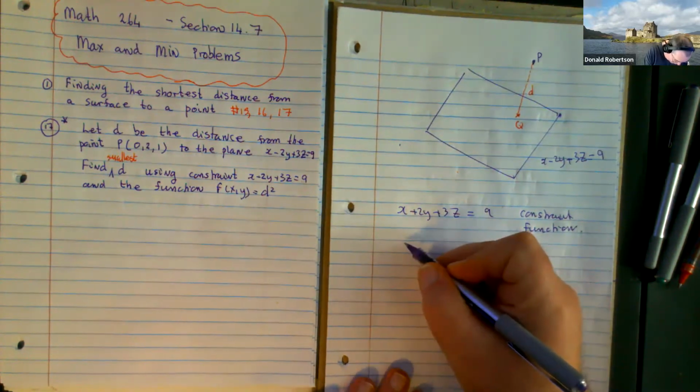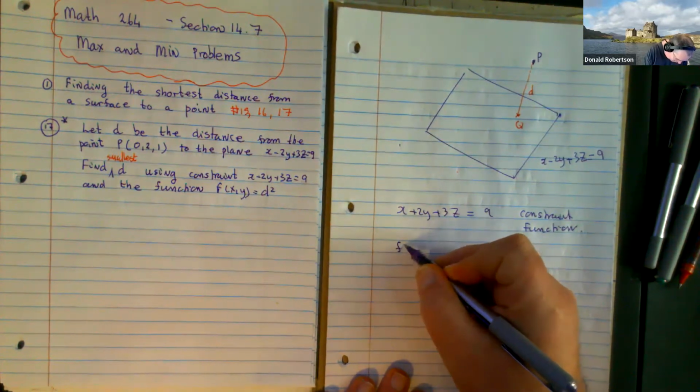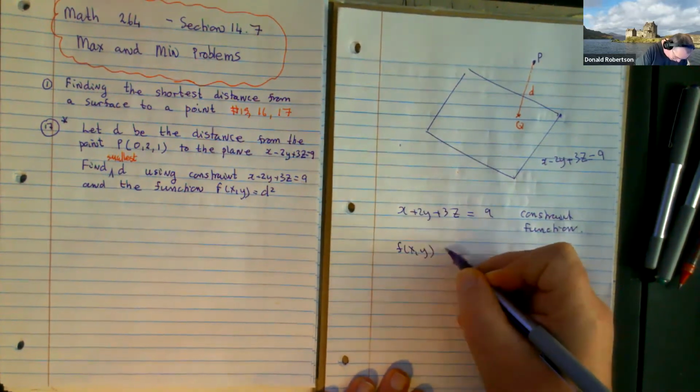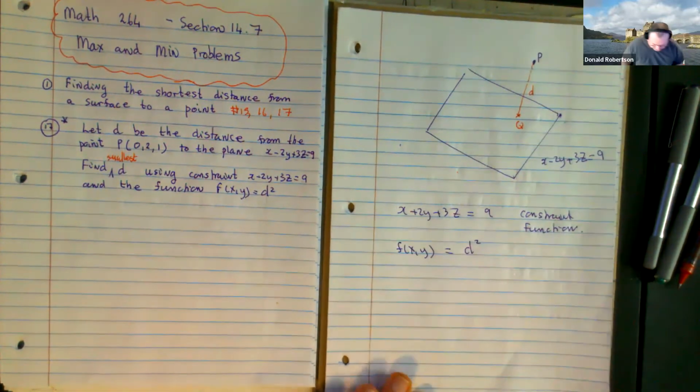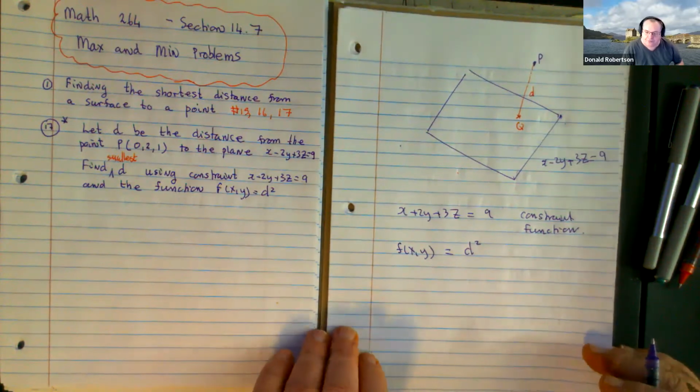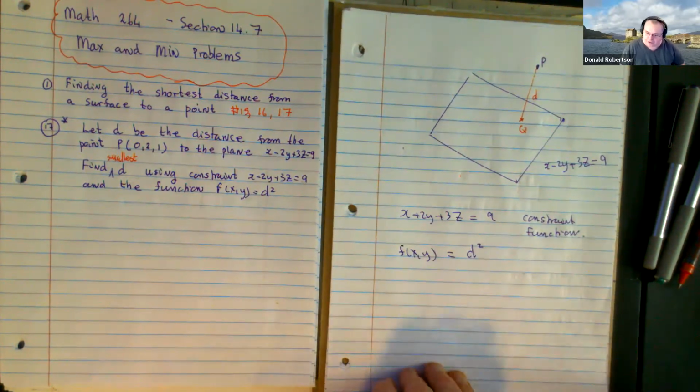And the function that we're trying to minimize, we're being told, is d squared. So I'm now going to set up this problem and try and solve it.